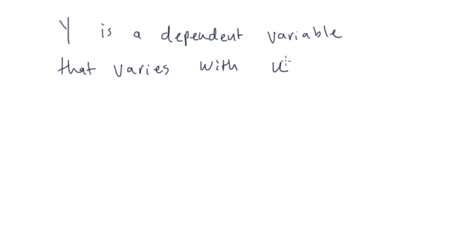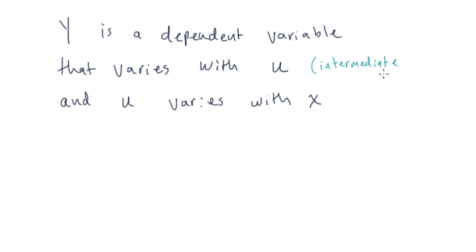So u here is another variable, and u varies with x. So in this situation, u is sometimes called the intermediate variable. And then x is called the independent variable, just as before.